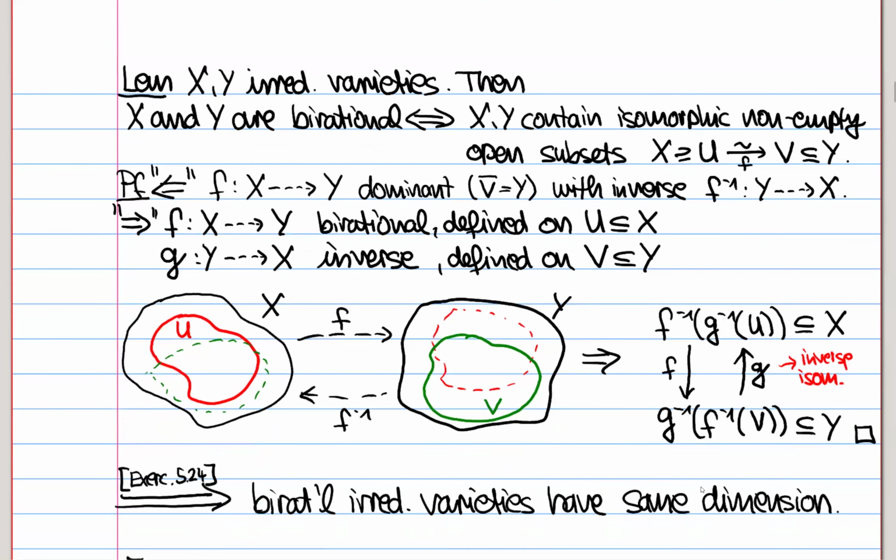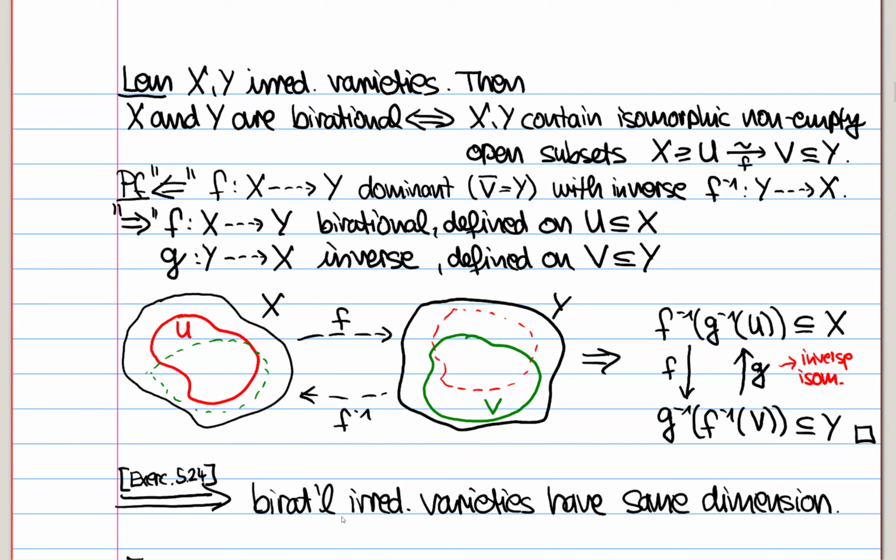Okay, and as a nice consequence, we have seen in an exercise that we can compute the dimension of first of all an affine variety, but then also of any irreducible variety. We can compute this by computing the dimension of any dense open subvariety.